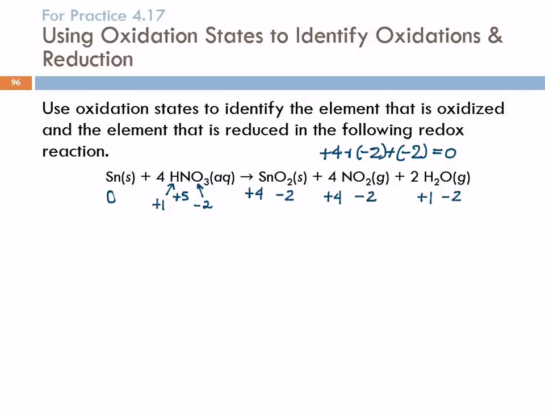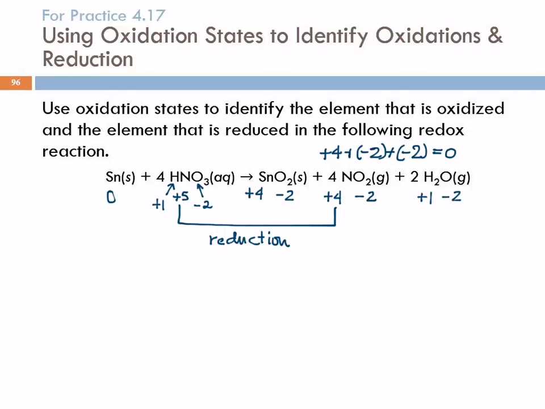So oxidation states is a technique to help us identify, especially for the nonmetals, what's being oxidized and what's being reduced. Because what we see when we look here is that the nitrogen started out with an oxidation state of +5, and now it's only +4. So this went from +5 to +4. Is that oxidation or reduction? It's reduction, because it gained an electron going from +5 to +4.